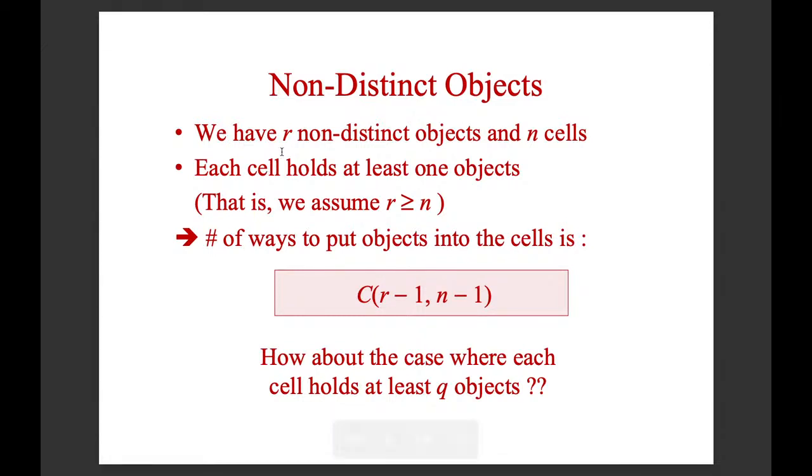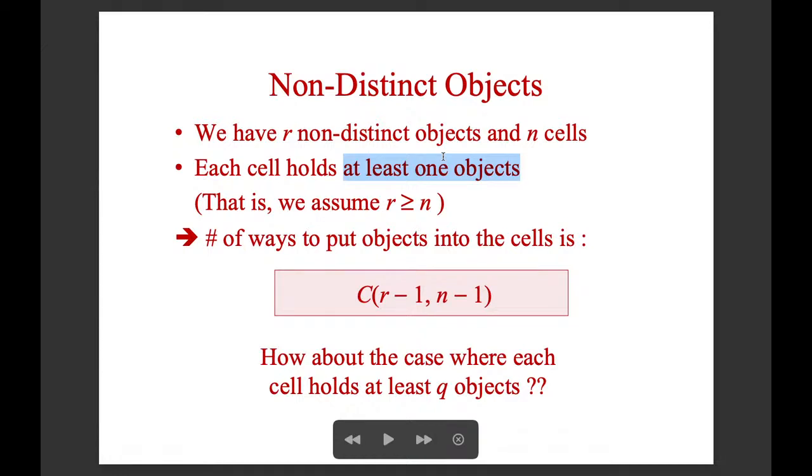Because we have this requirement, at least one object to begin with, the answer is fairly easy to derive based on the previous understanding. What we need to do here is that we just put one ball into each box at the beginning, and then forget about them because they are there to satisfy the requirement that each box holds at least one object.